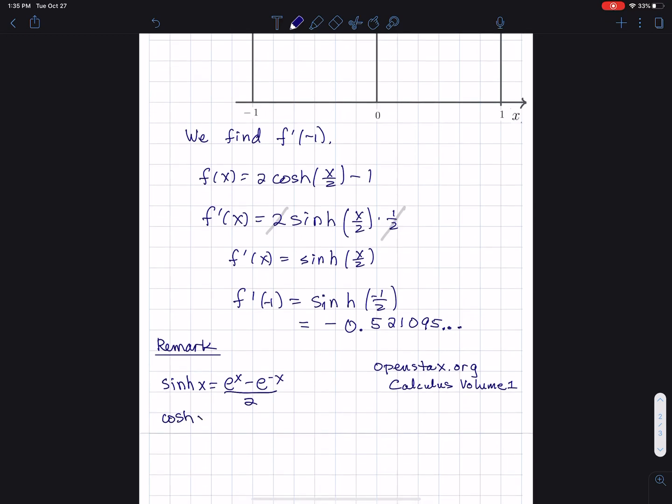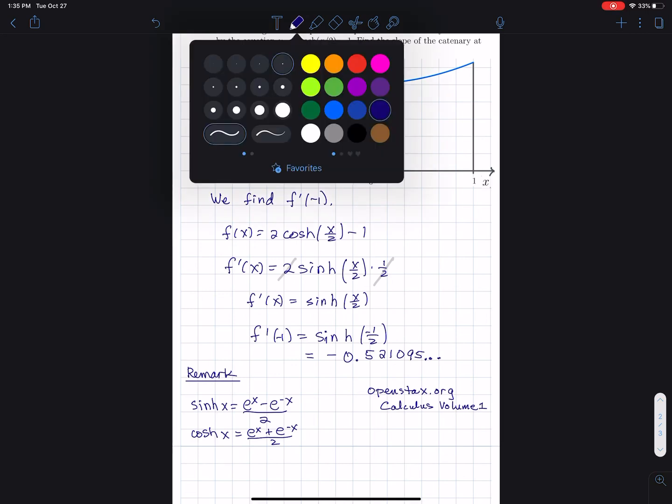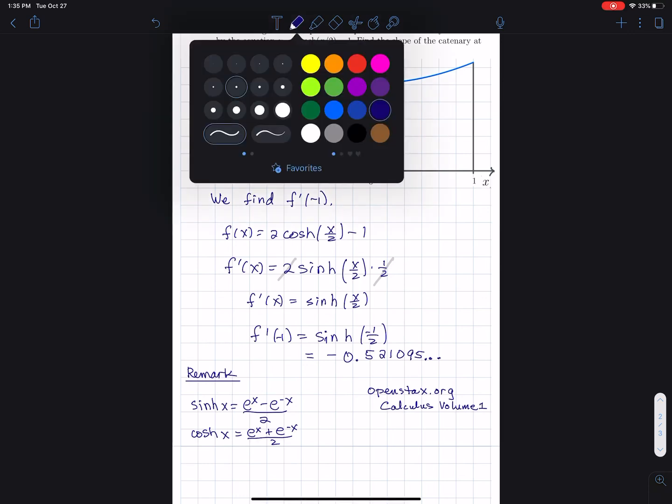Hyperbolic cosine x is e to the x plus e to the negative x over 2. And so if you are using a calculator, you can use the exponential button. And look over here at this picture, which I drew with the aid of a graphing program.